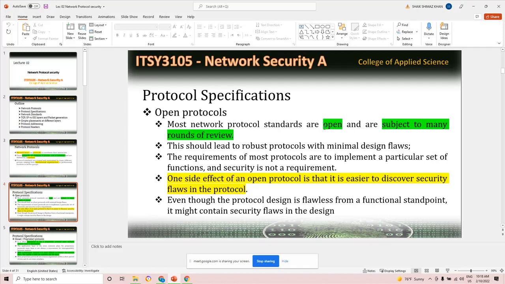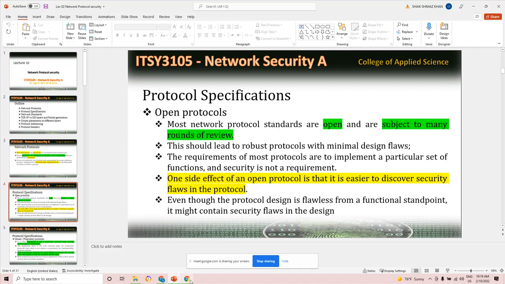I have highlighted some points so that it is easy for you to understand. Open protocols are subject to many rounds of review. That's the important point. Please understand how open protocols are developed.